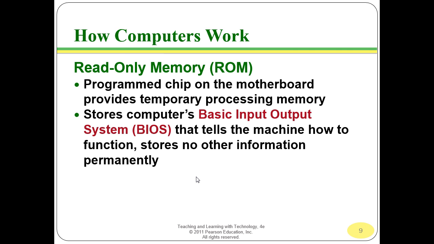Whenever you press the power button on that computer, there is a BIOS chip on that motherboard that tells that computer how to turn on. And it goes through all kinds of checks of the system and tells that computer what things need to be turned on at what stages. And then once it's done, the BIOS shuts down.